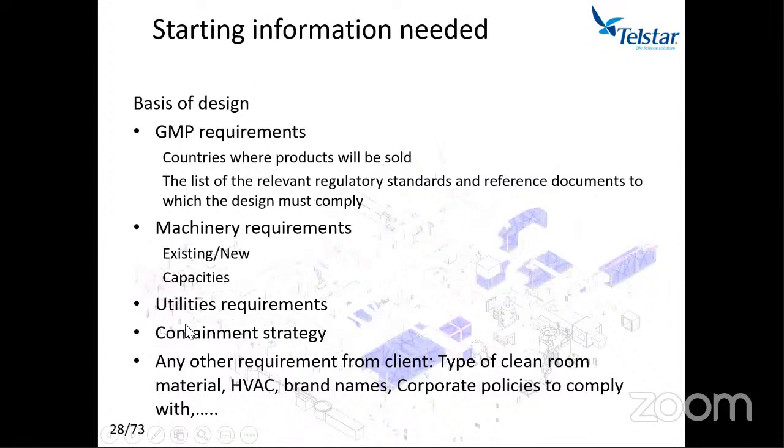Utilities, as I said, and containment strategy. If we are talking of high potent products, of course, we will need the containment strategy definition in detail. And this is something that could be done as an independent document. Many times we are doing that when we talk about high potent.